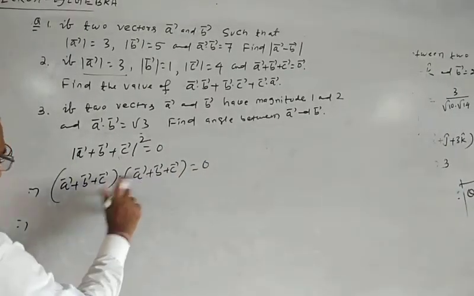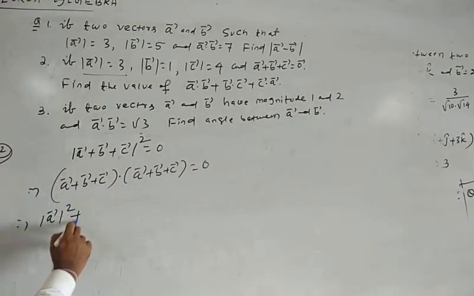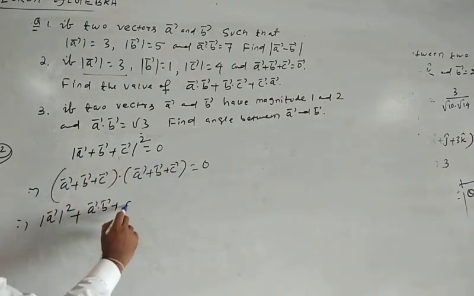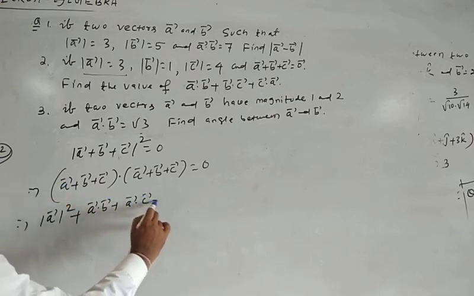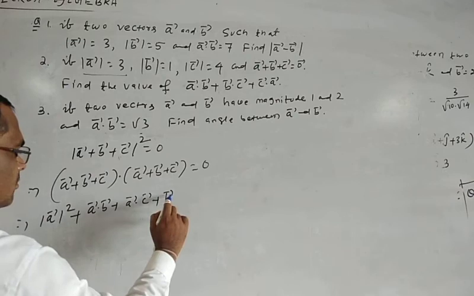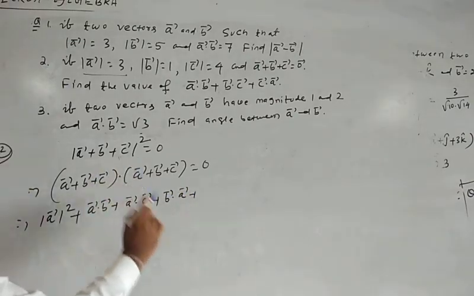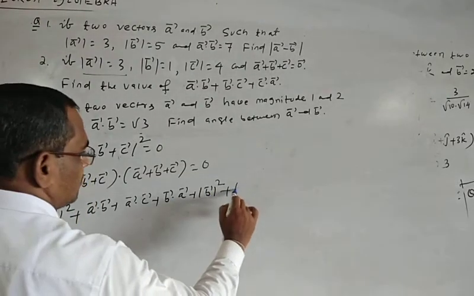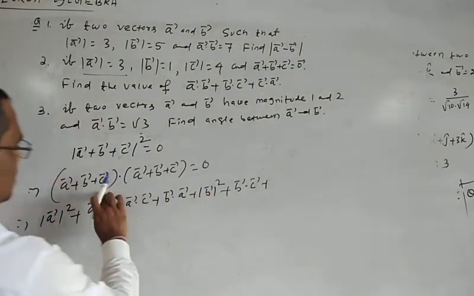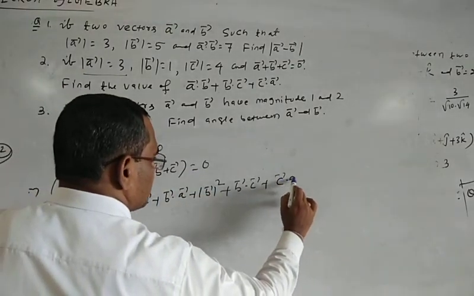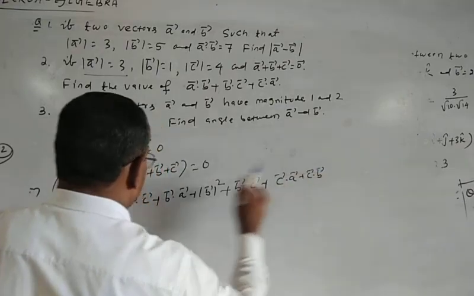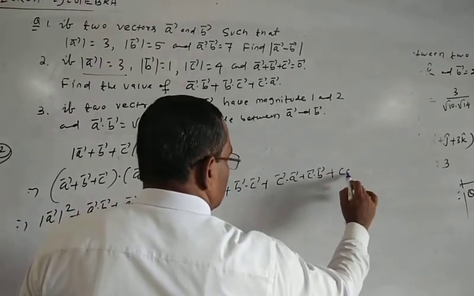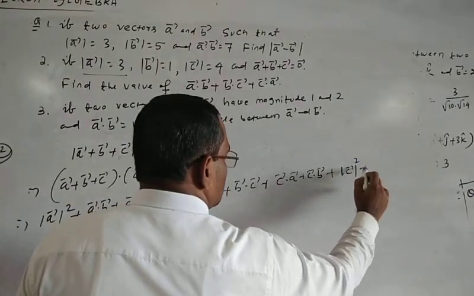So A dot A is A vector magnitude square, A dot B plus A dot C, B dot A, B dot B is B vector magnitude square, plus B dot C plus C dot A, C dot B, and C dot C is C vector magnitude square, which is equal to 0.